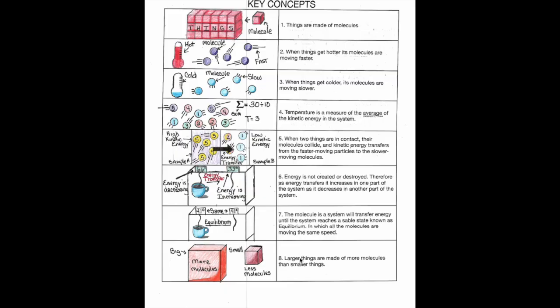They also need to know that larger things are made of more molecules than smaller things, right? And then finally, right, for things that are the same temperature, the thing with the more molecules has more energy. And so they're going to use these key concepts to formulate an argument to pick one of those two heating systems for the school. And that, in a nutshell, is Unit 1.